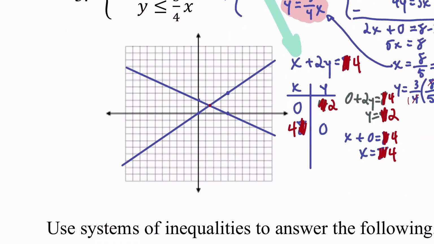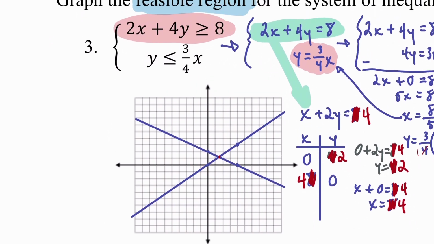Okay, so again, either all the solutions are here, and we just pick one of those points at random, any one of them, and plug into the inequality to see if that's a solution or not. And if it's not, well, then it has to be all the ones on the other side. So with one test, we decide which side it's on. I find that the origin (0, 0) is often a good one to pick because it's easy to total up. So is (0, 0) a solution to that inequality?